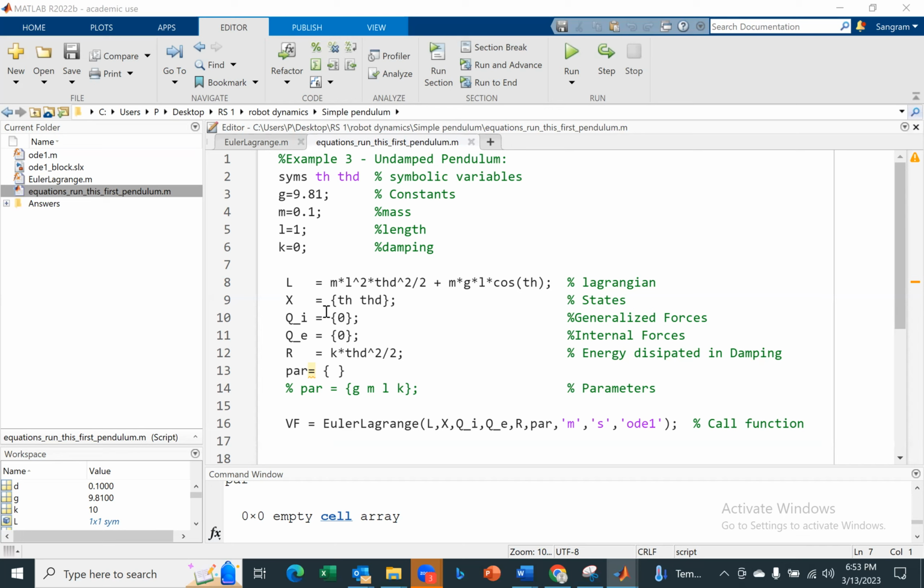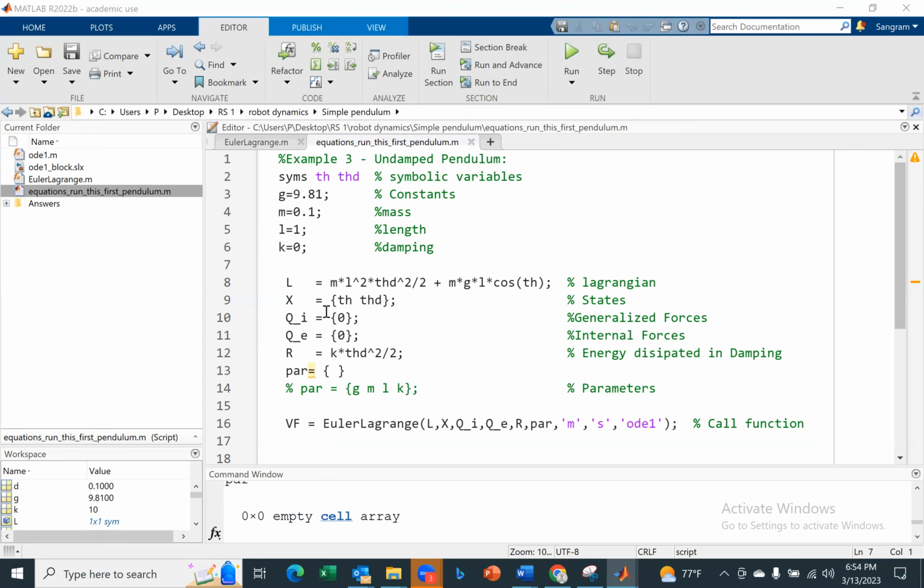So now I'm going to use this Vf is equal to Euler-Lagrange. Everyone understood this? And I want you to understand this function prototype, or the way we call the function, is going to remain exactly the same. You will say Vf is equal to Euler-Lagrange L, X, Qi, Qe, R, pan.